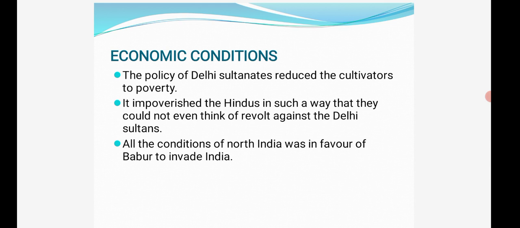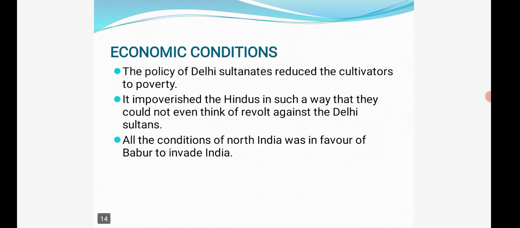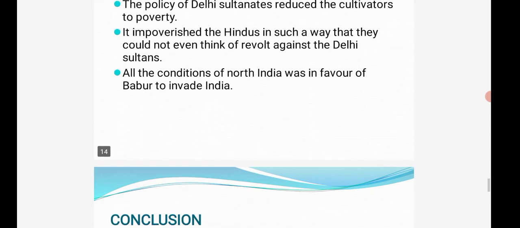Seeing the prosperity and economic condition, Babur wrote in his diary that the chief excellence of Hindustan is the amount of gold, coined and uncoined, which may be found there. All the conditions of North India were in favor of Babur to invade our country.